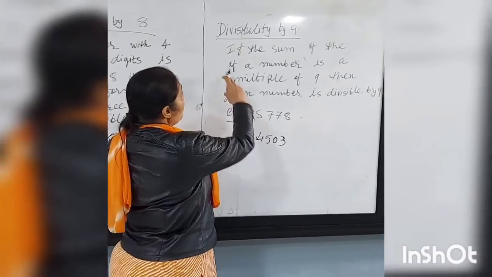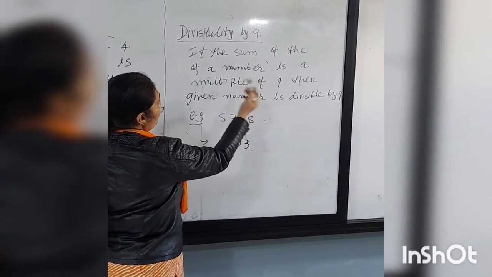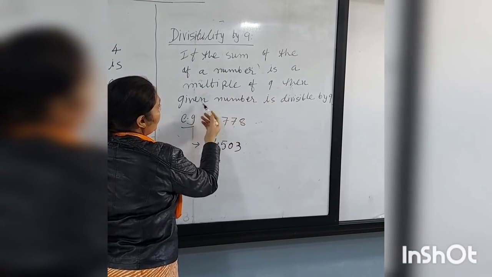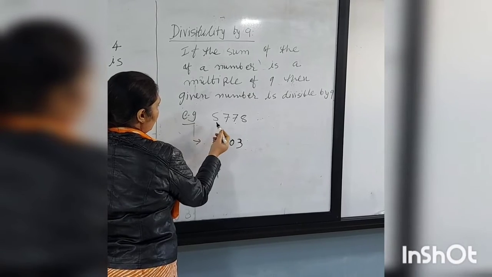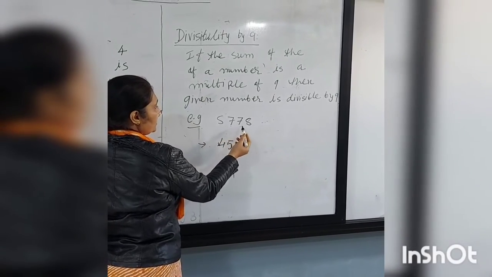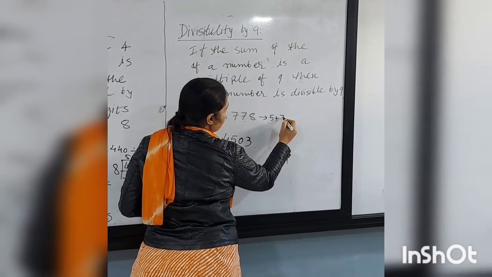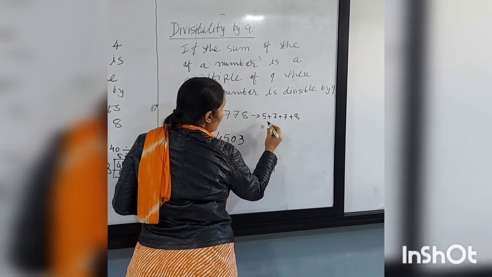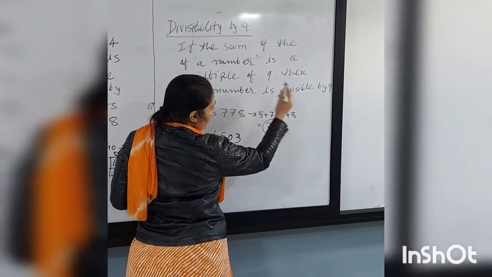Now for divisible by 9. If the sum of the digits of the number is a multiple of 9, then the given number is divisible by 9. As for the example, 5778. So sum of all digits, 5 plus 7 plus 7 plus 8, is 27. So 27 is a multiple of 9.